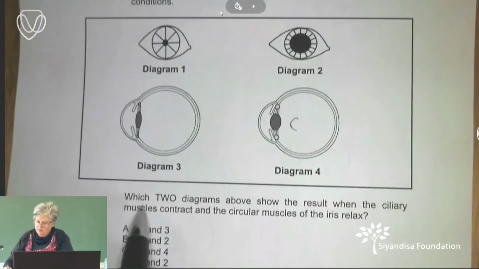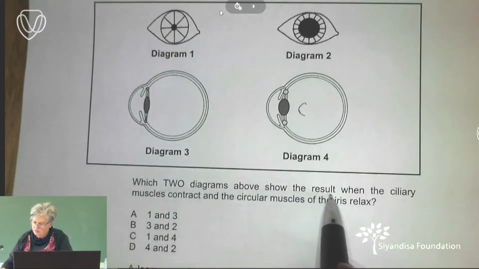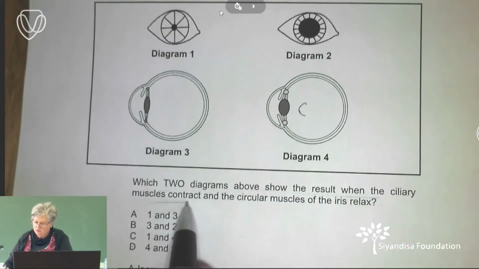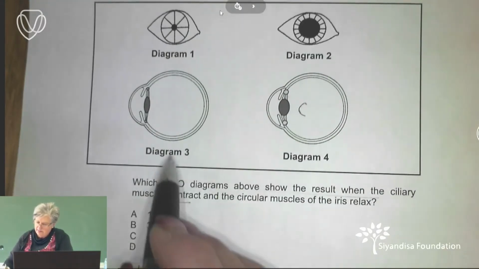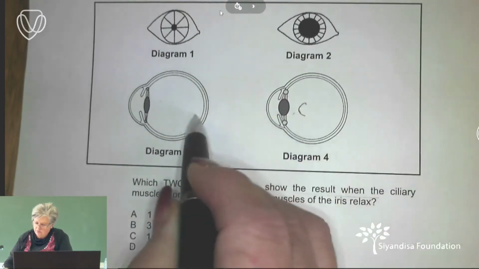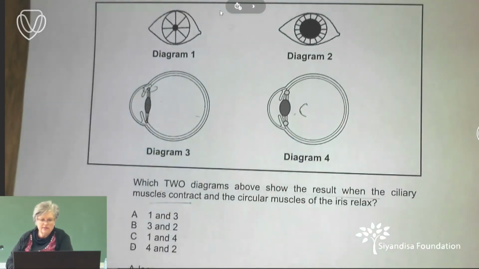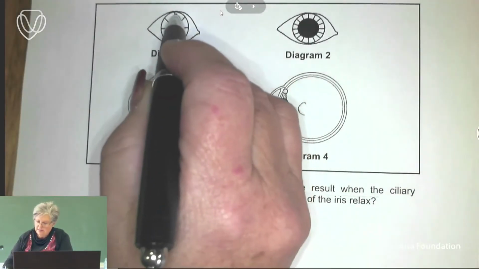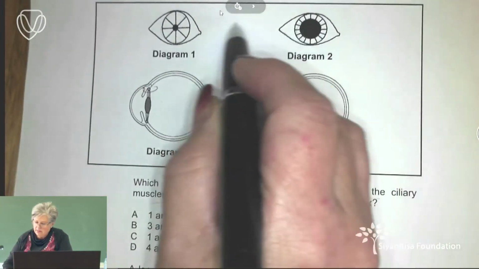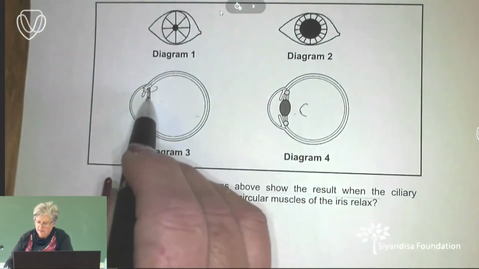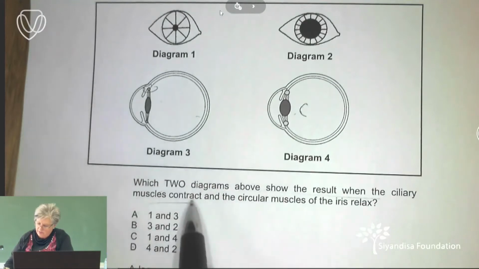Okay? So it's asked which two diagrams show the results when the ciliary muscles contract. Now I must remember where the ciliary muscle is. It's in one of these two diagrams. This is the circular muscles and radial muscles, so ciliary must be here.